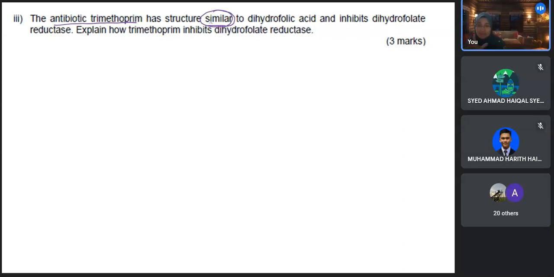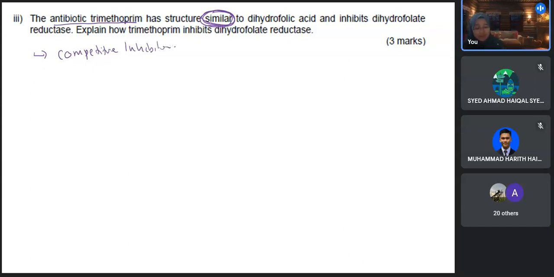Explain how the trimethoprim inhibits the enzyme. So the keyword we have identified already is competitive inhibitors. So just explain from this word.